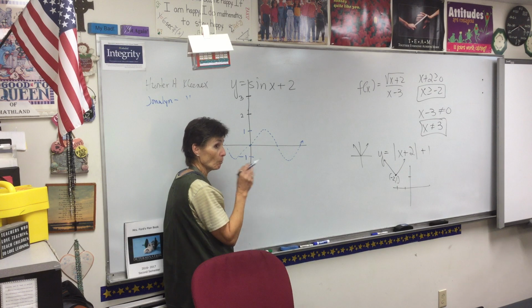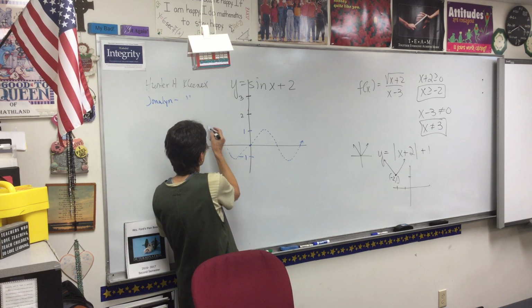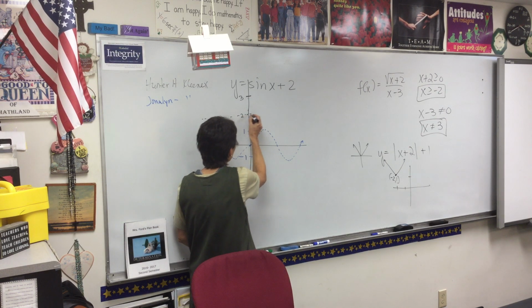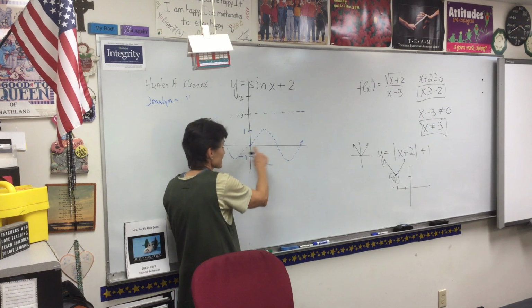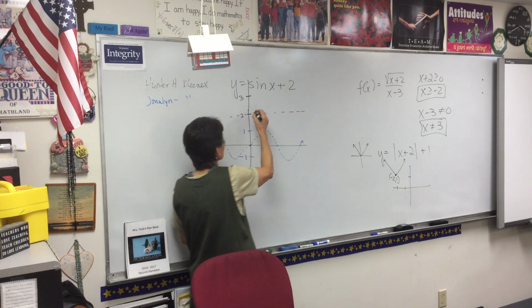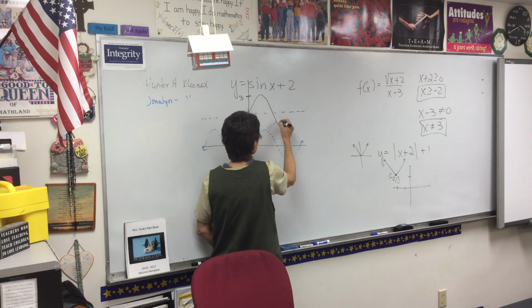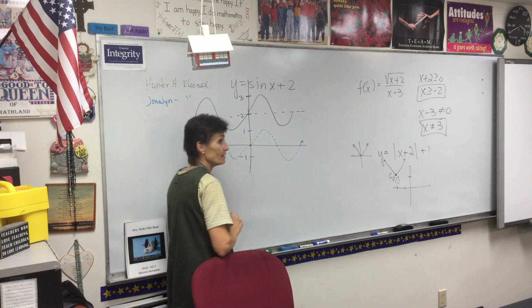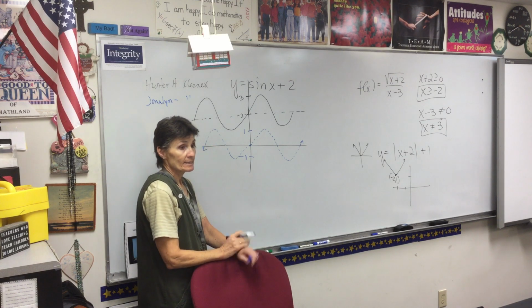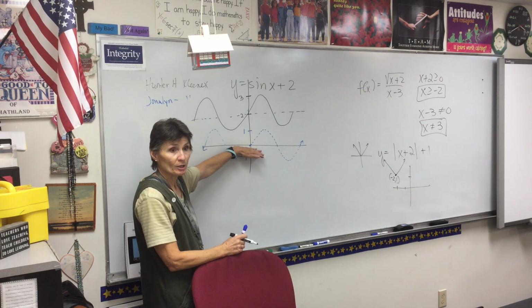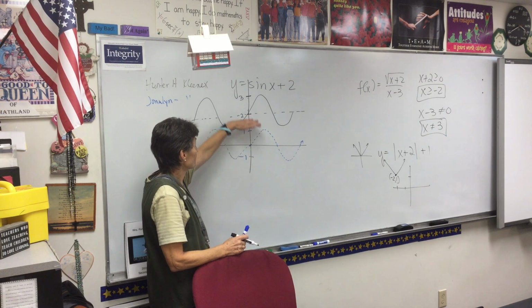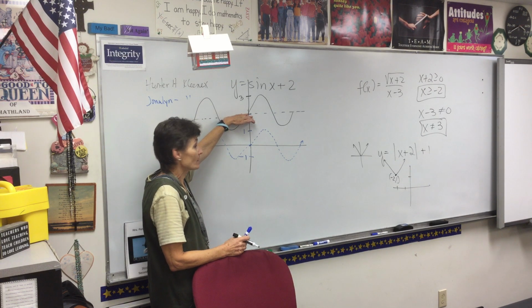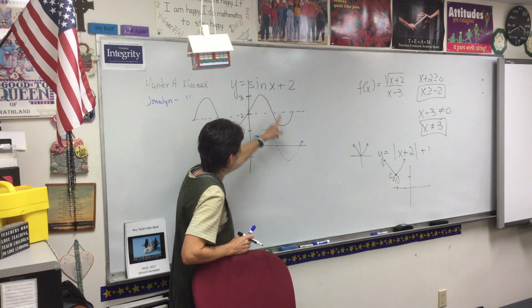If it helps you, you can go ahead and put your axis right here. See how that's the axis? And then you can make your hills and valleys across that, if that helps you. You see what I did? Instead of being 0, my oscillation line is now 2. I moved it up to 2, and then I oscillated between 3 and 1.